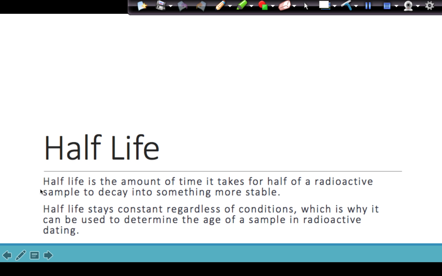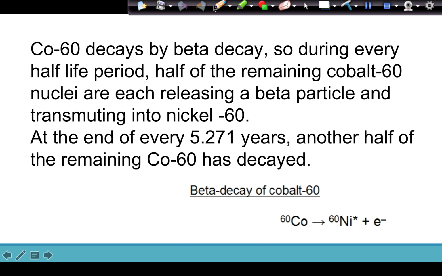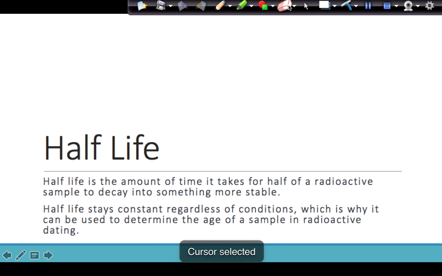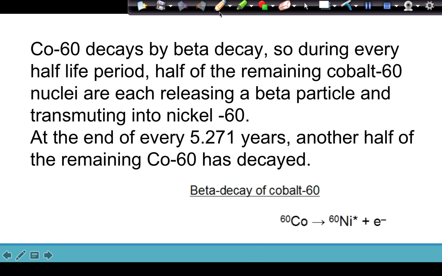Now this half-life stays constant regardless of conditions, which is why we can use half-life to determine the age of a sample in radioactive dating, because the half-life never changes. For example, cobalt 60 decays by beta decay.